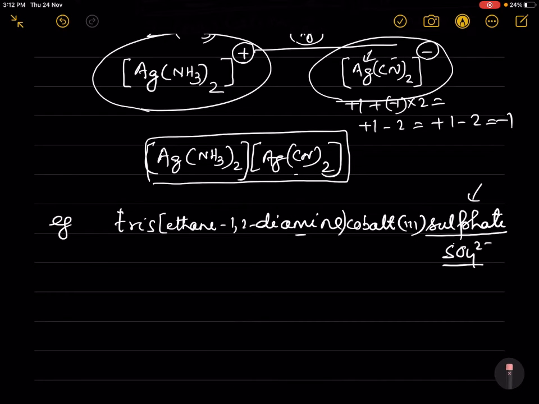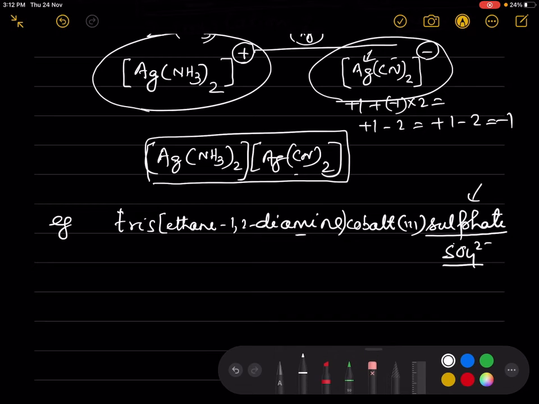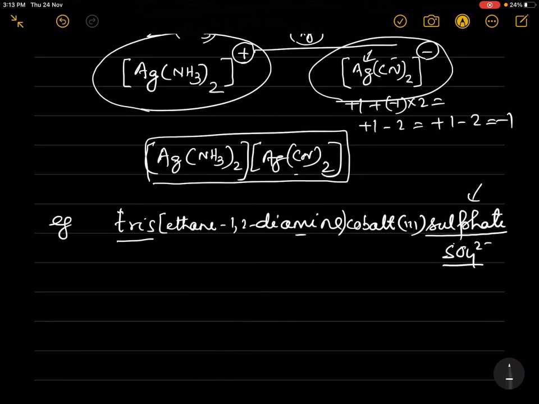And tris is like tri. It is a numerical prefix for a polydentate ligand like en, and for tris it is 3. If it is a simple ligand, then I could have written tri. But ethane-1,2-diamine is a polydentate ligand, so tris is written there.